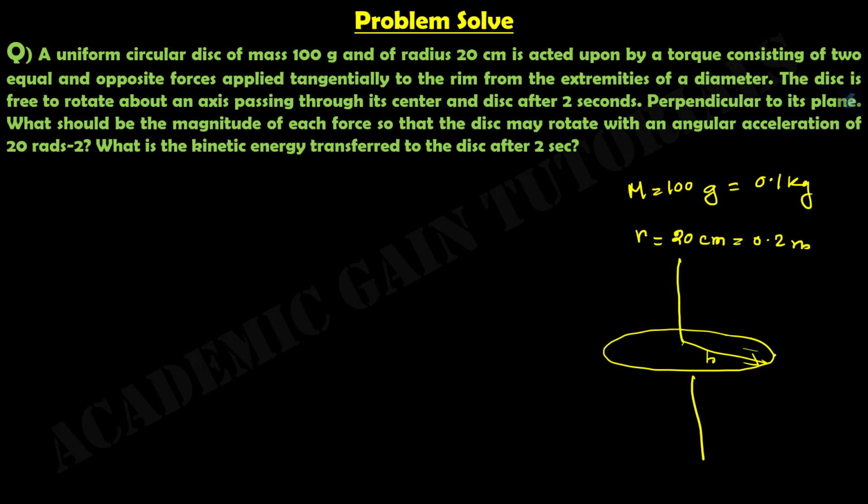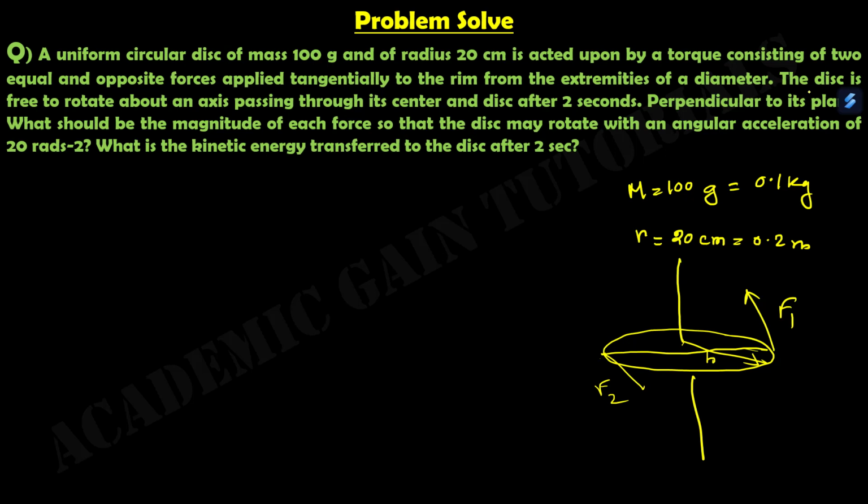Suppose this is a force F1 and this is a force F2. F1 and F2 are equal and opposite, and they create a torque. The forces are applied tangentially to the rim, at the extremes of a diameter, and this is the diameter.